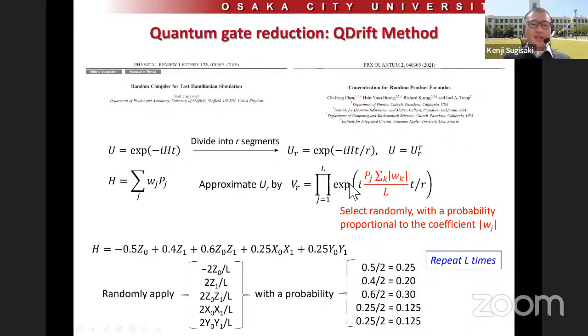So this kind of approach is very useful when the number of Hamiltonian terms increases, which means the number of qubits increases. For a small number of qubits, this approach is less effective because we have to use a sufficiently large L in order to make the approximation good. So that is this technique for error mitigation.